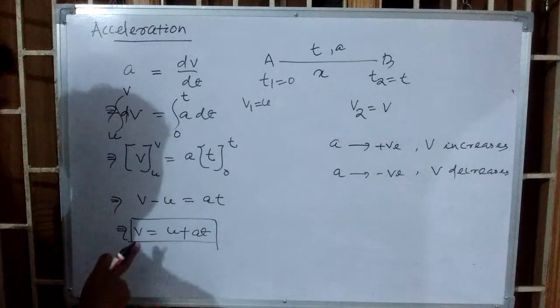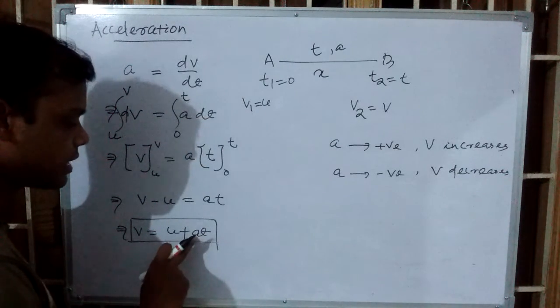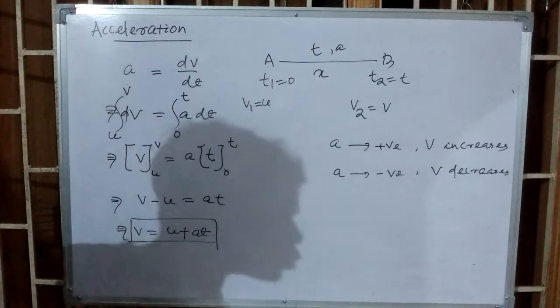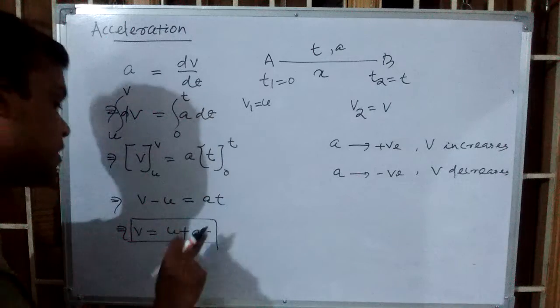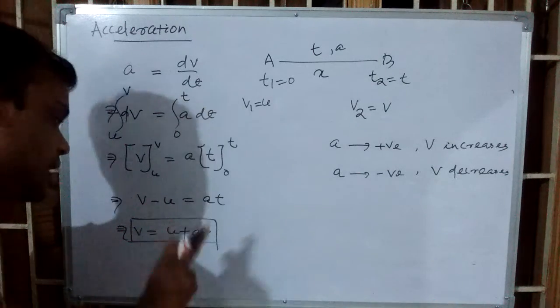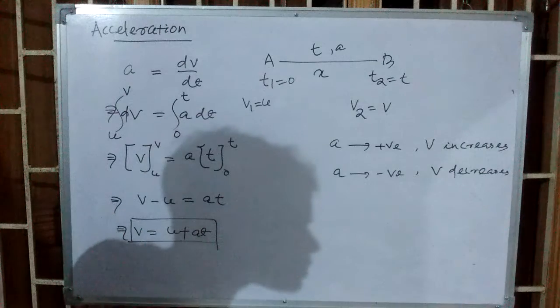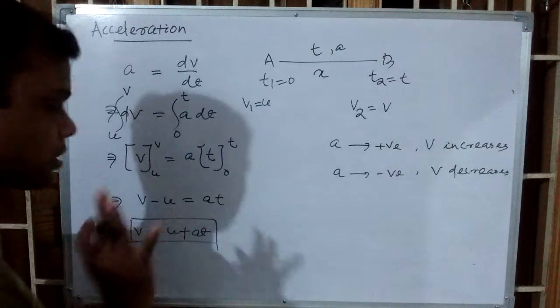It indicates the velocity of a body after traveling a time t with acceleration a from initial velocity u. A body started from initial velocity u, it traveled for time t with acceleration a, then the final velocity of the body will be v. Very simple. This is equation number 1.